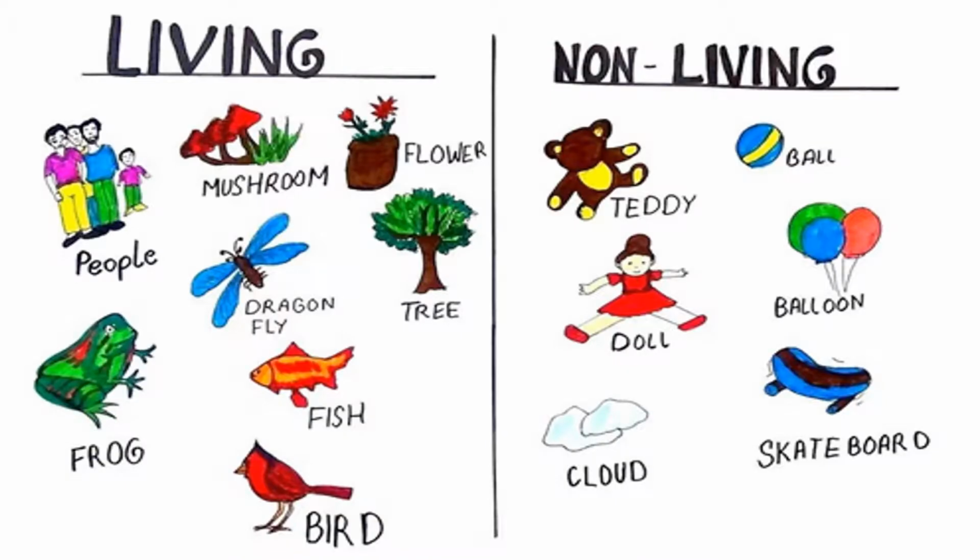So, shall we summarize what we have learned? We have learned the examples of living and non-living things. The examples of living things are people, mushroom plant, flower, trees, dragonfly, frog, fishes, birds, and other animals.